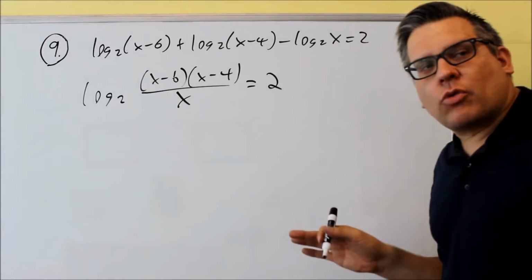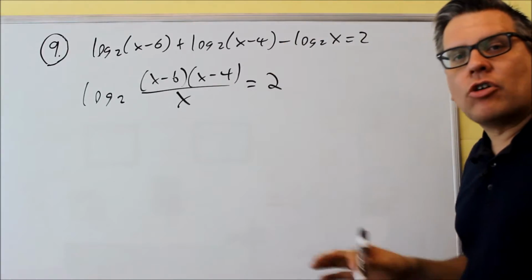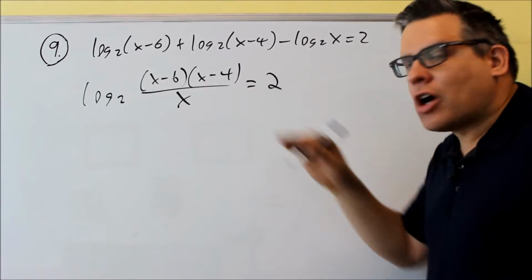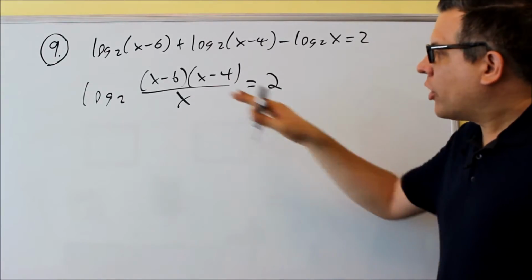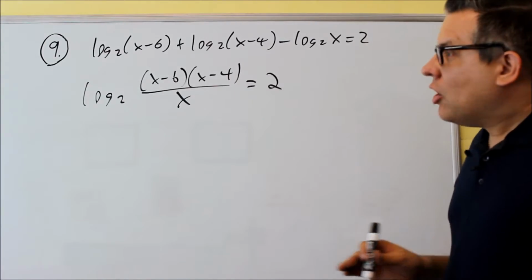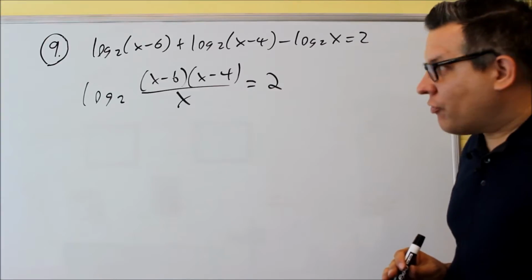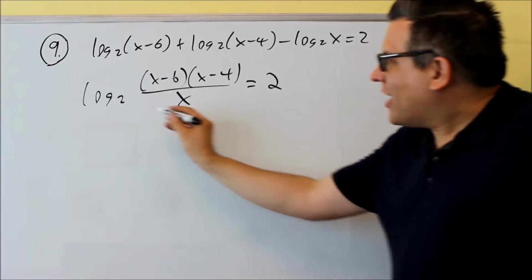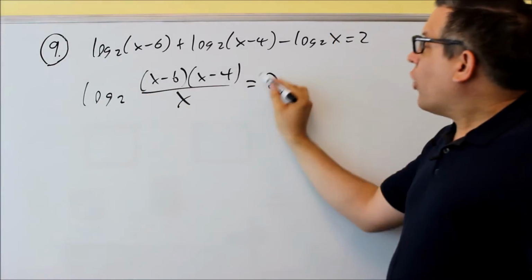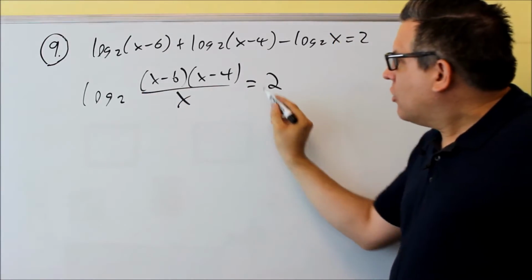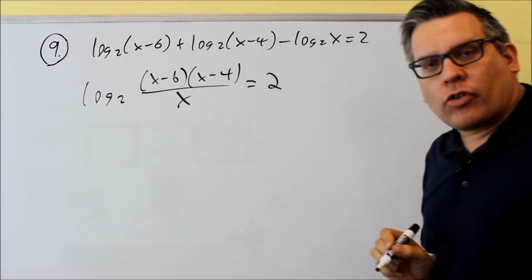That's always the first thing you want to do whenever you have these log problems. You always want to combine them down into a single logarithm first. The reason is because then we're going to change this from the log form into exponential form. The way you do that is you take the base raised to the number after the equal sign, and that will equal whatever you have left over here.